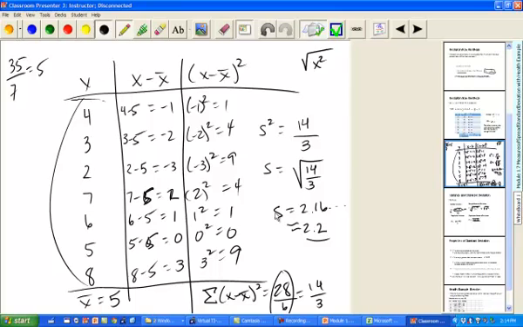So if those values represent, let's say, pets in homes, then the standard deviation of pets would be 2.2. Okay, so I realize this is a really long process, but it's worthwhile to try this process a couple of times just to get a feel for where the number comes from.